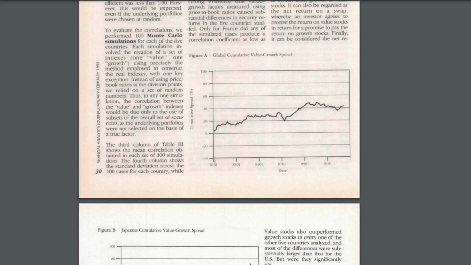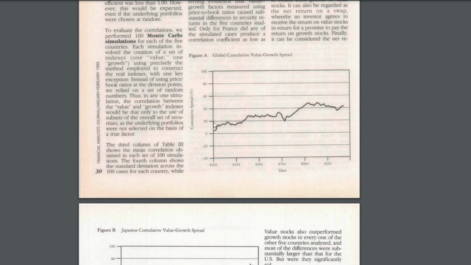So we see right away, by the way, the date is funky, but this is January 1981, January 1983, 1985, and the Y is cumulative spread.